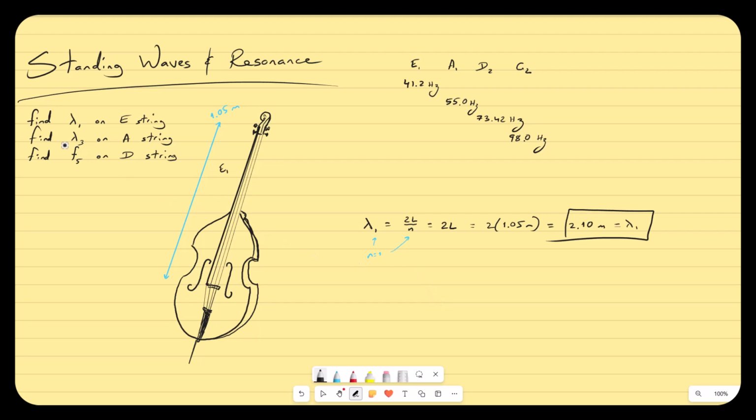Next one, I want to find the third wavelength on the A string. Wavelength 3 is 2L over 3. So I'm going to get 2 times 1.05 meters over 3, which is going to be equal to 0.70 meters.